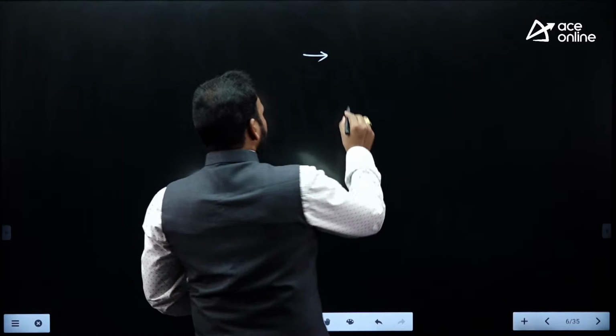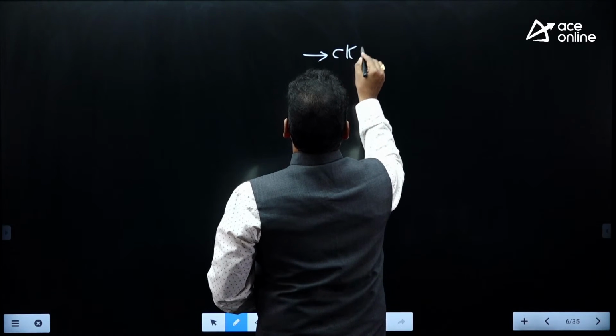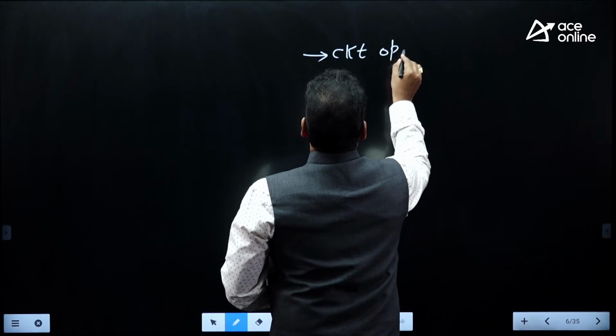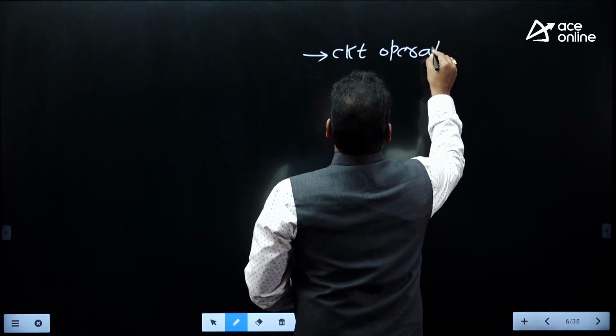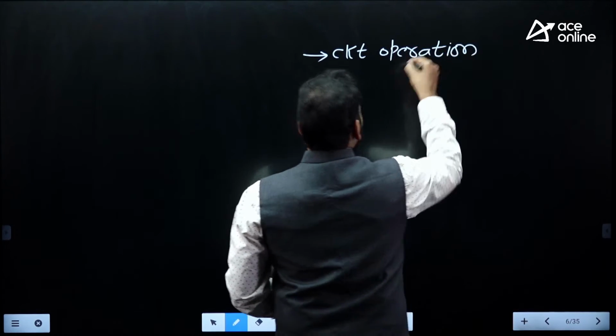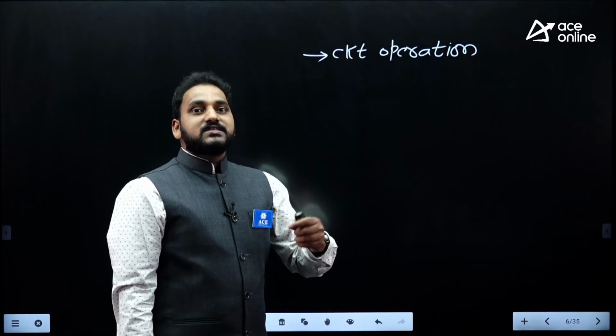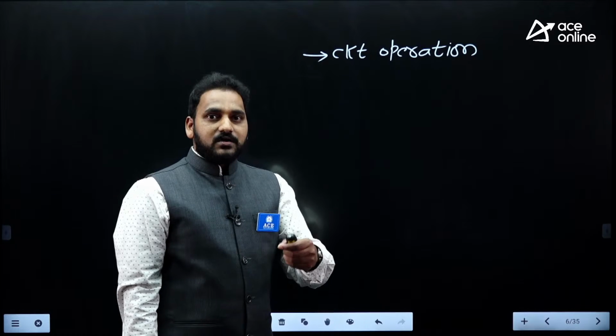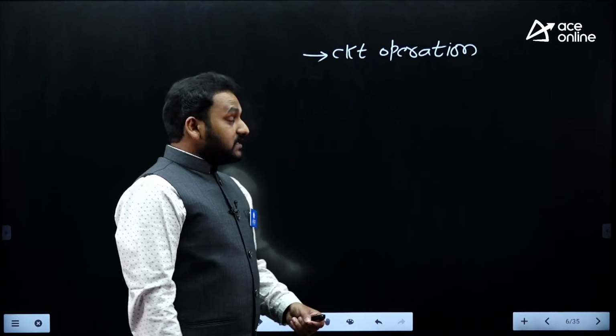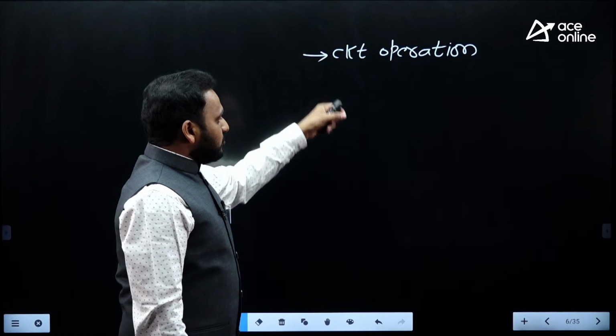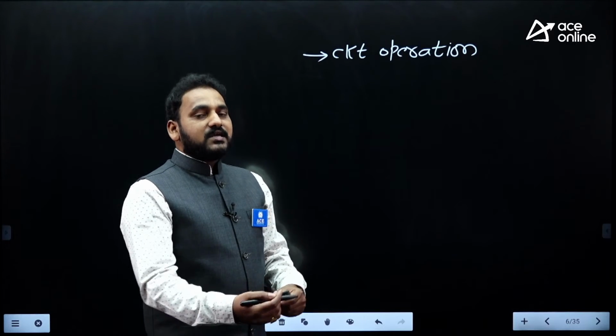First one, circuit operation. We should understand the standard circuit operation. There are some standard circuits. The last one is design. If you want to design your own counter, yes, it is possible, but it takes more time. After completion of the total analysis, the last one will be the design process.